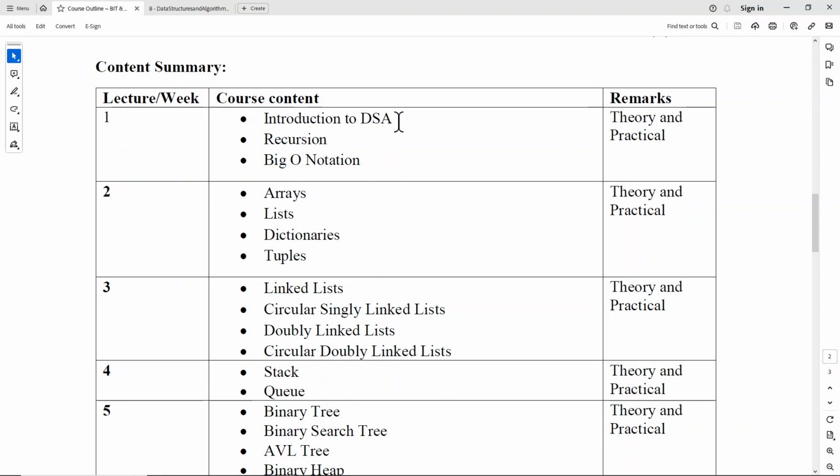So the very first topic we're going to learn is data structures and algorithms, an introduction to it, where I'll explain the why and the different types of data structures and the different types of algorithms and how they are used in the industry. Then we're going to learn about recursion.